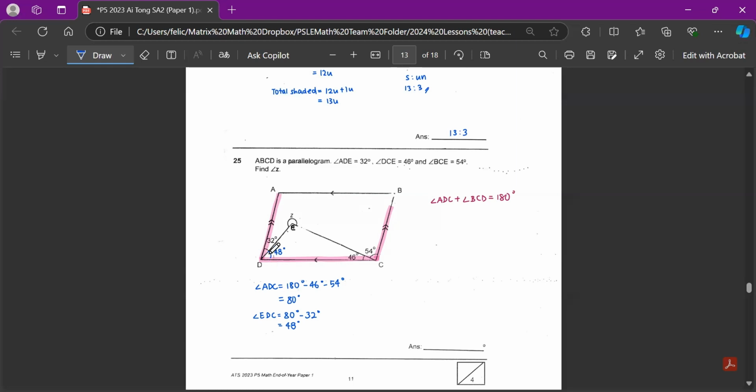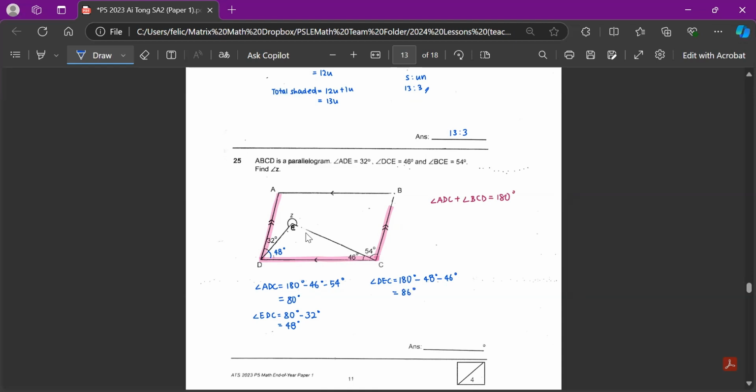Now if I focus on the triangle next, in this triangle, I have two corners really, 46 and 48. Now I can find the third corner, angle DEC. Just take 180 minus the 48 degrees minus the 46 degrees. The three corners in a triangle add up to 180. Remember that. So 86 degrees is here.